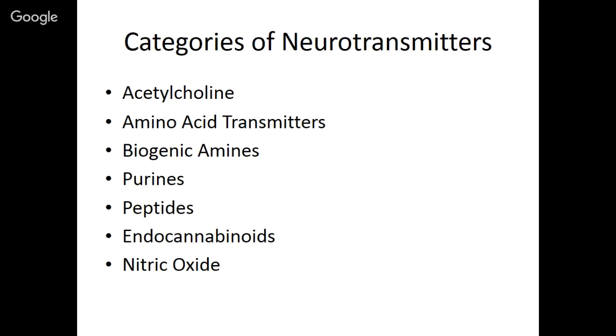Biogenic amines include serotonin, norepinephrine, and dopamine, and purines are used sometimes. Peptides are also used, such as substance P. And endocannabinoids and nitric oxide are also used as neurotransmitters. Nitric oxide is one that actually does not use synaptic or vesicular release.